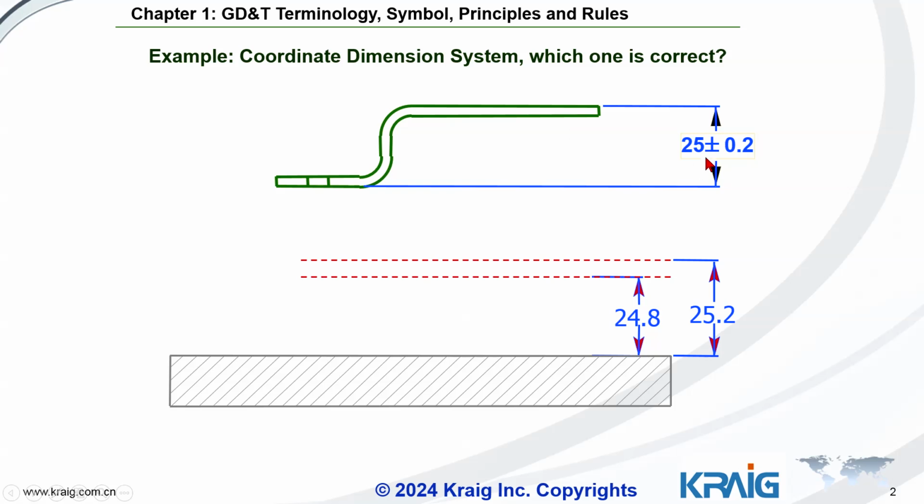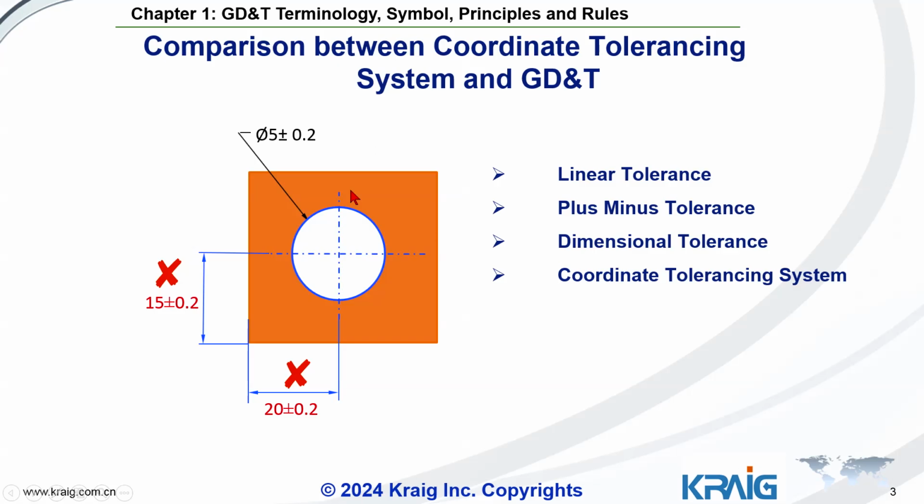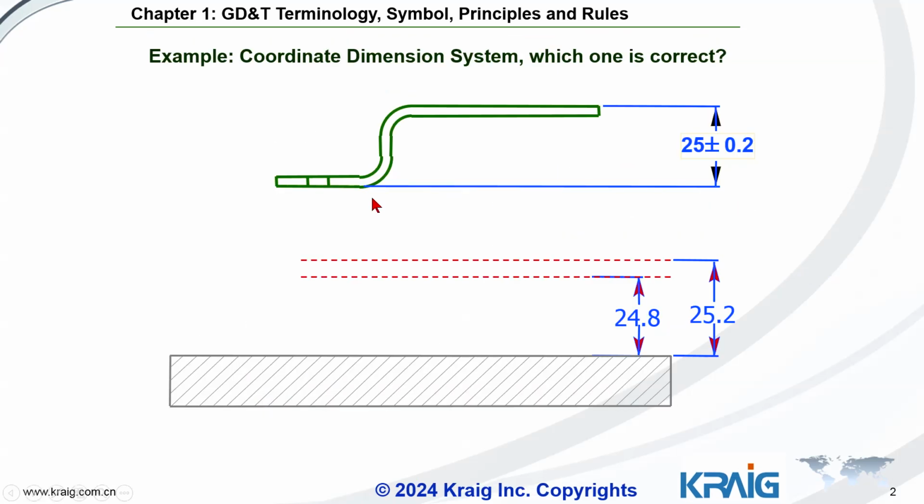If we use the plus minus tolerance to specify the position from the upper surface to the bottom surface, what's going to happen? The problem is we don't know how to measure that, and we learned that in the previous module, right? We don't know how to measure this position or distance, which side to be used as a datum.